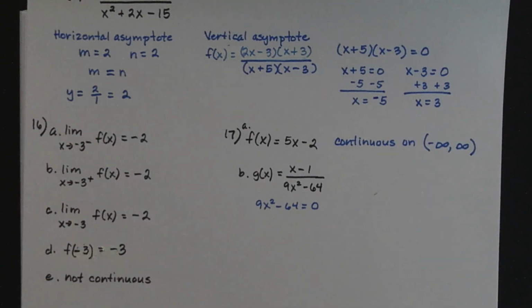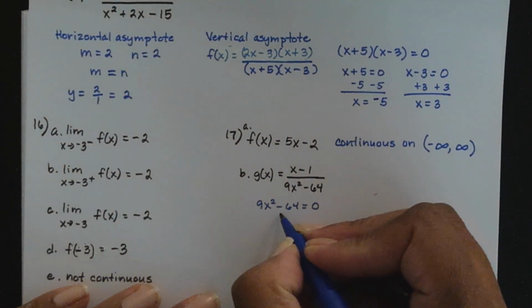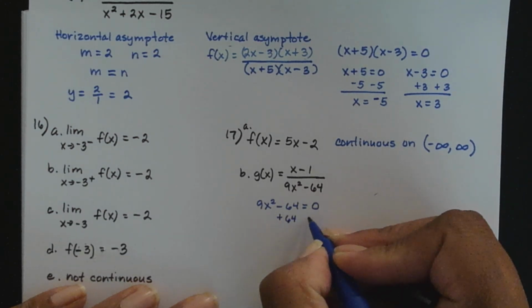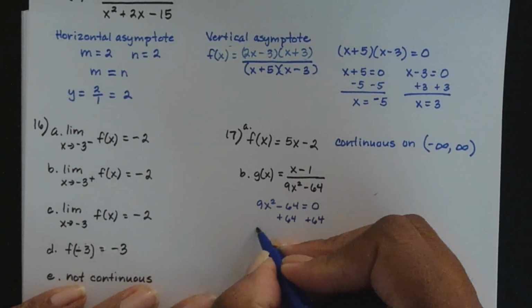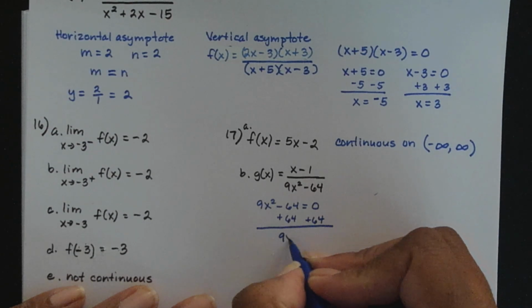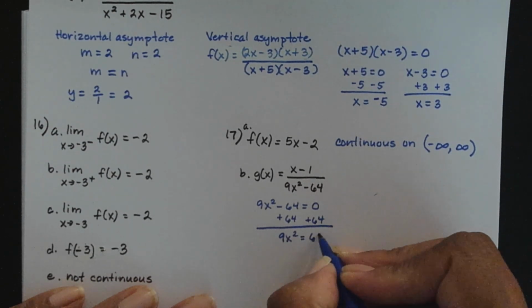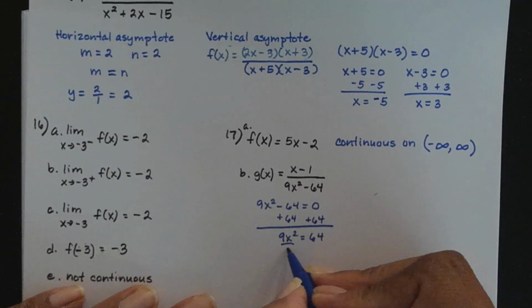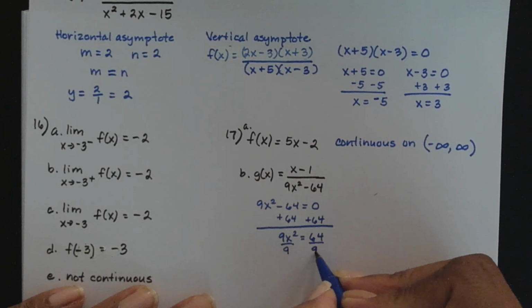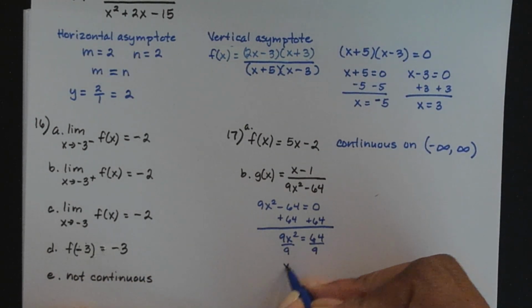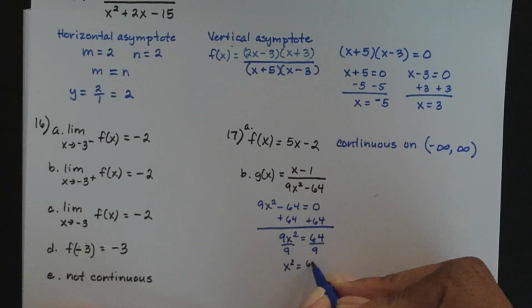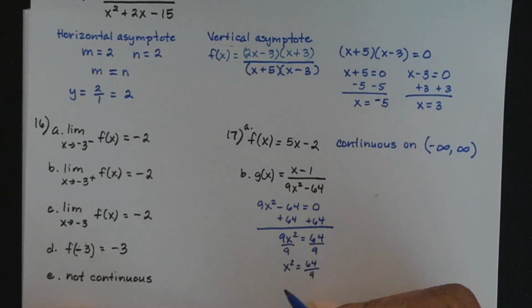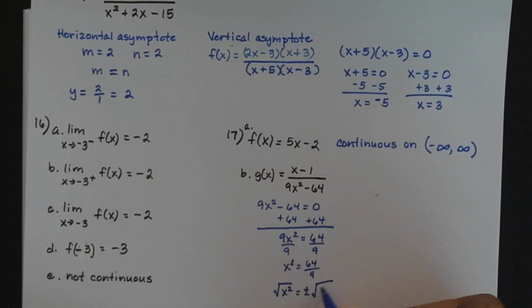Just go ahead and solve this equation for x. I'm going to add 64 to both sides, so 9x squared equals 64. Divide both sides by 9. x squared is equal to 64 divided by 9. When I take the square root on both sides, I include the plus or minus.